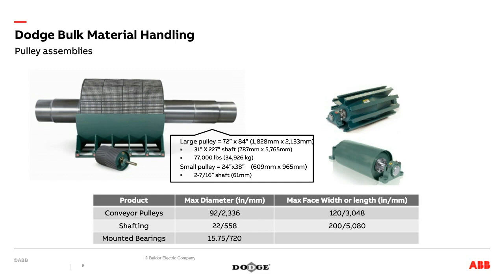So one might be going into an aggregate quarry in the U.S. and one might be going to a large copper mine in another part of the world. And then at the same time, you have the bushings, the shafts, and the mounted bearings as well to support the entire assembly. So a wide range of sizes that pertain to conveyor pulleys used in bulk material handling applications.